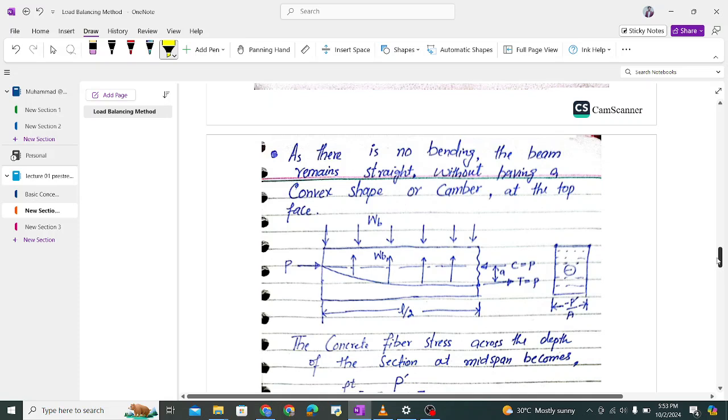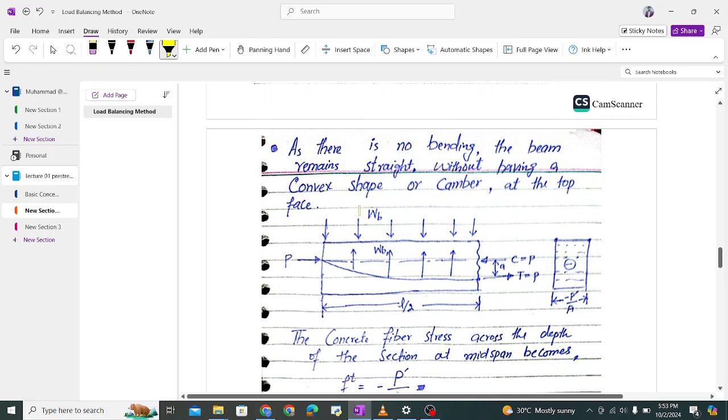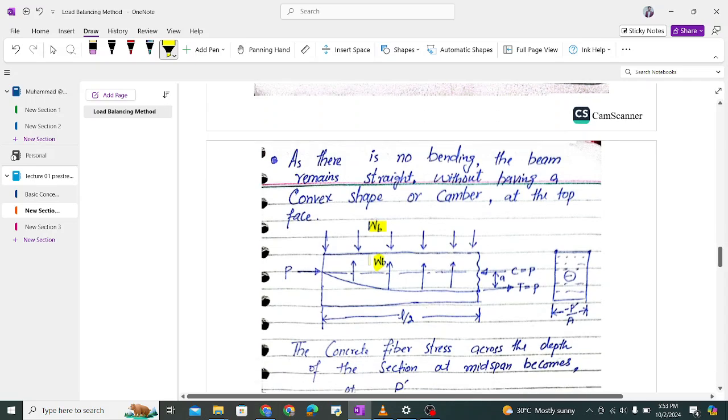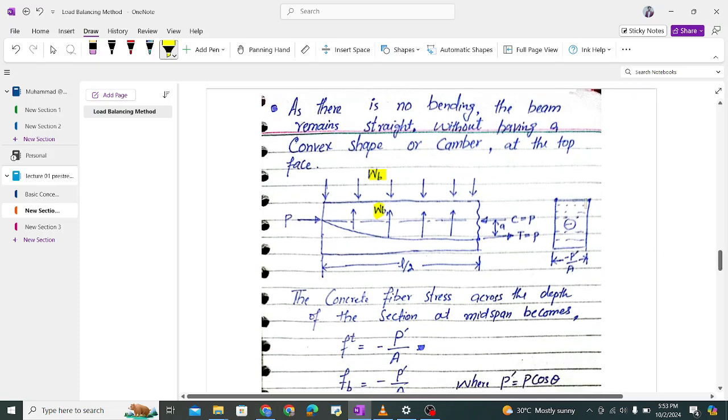In the diagram you can clearly see that this wb is from the external gravity load and this wb is the resulting load from the load balancing of the prestressed beam. As there is no bending, the beam remains straight. As these two wb are the same and balance each other, the beam will definitely be straight, without a convex shape or a camber at the top. When the beam is straight, there will be uniform stresses.